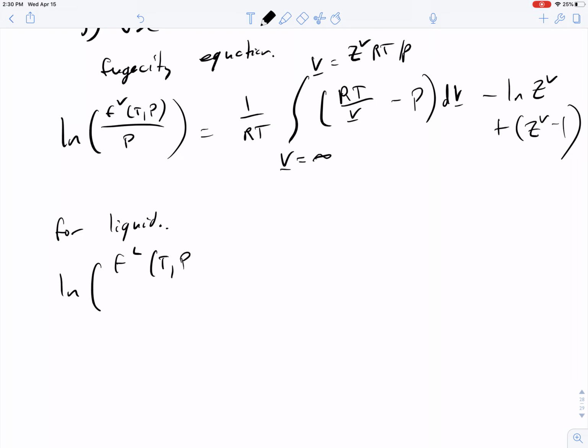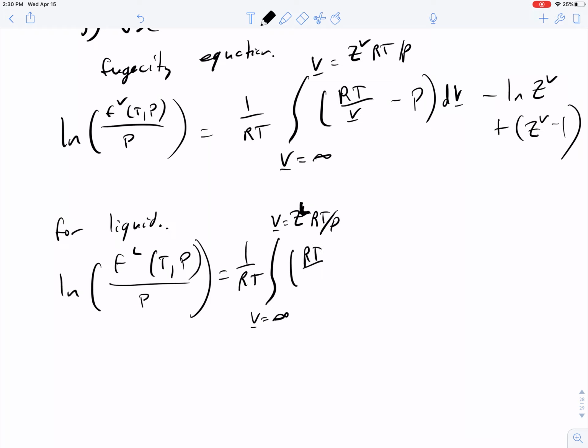So we have an L, fugacity liquid phase, temperature and pressure over pressure equals 1 over RT, integral V underbar equals infinity, up to V underbar equals ZL times RT over P. This is an L, so it doesn't look like a V, of RT over V underbar minus P dV underbar, minus log of Z in the liquid phase plus Z liquid phase minus 1.